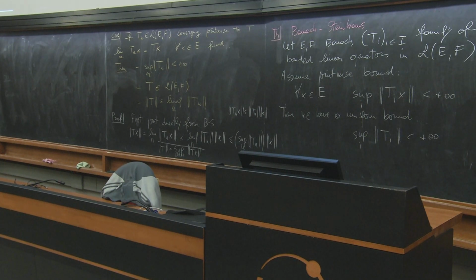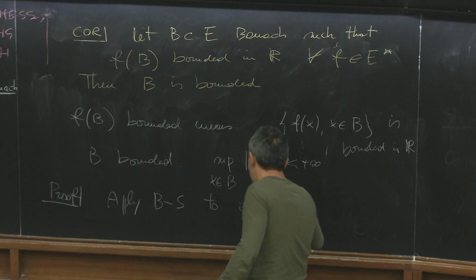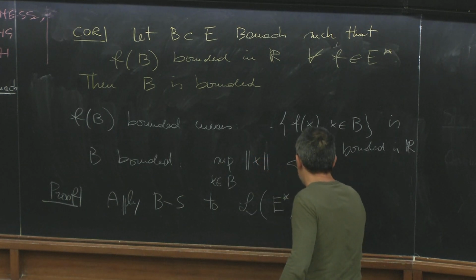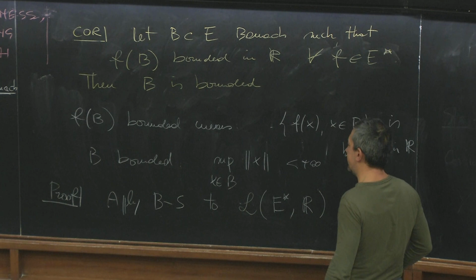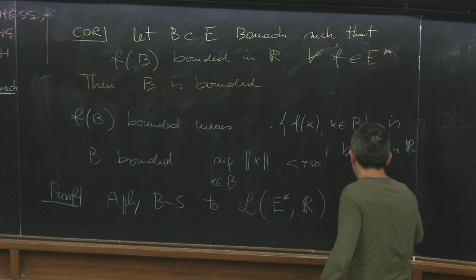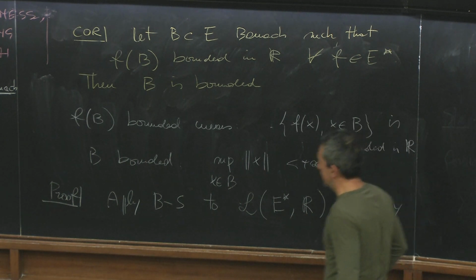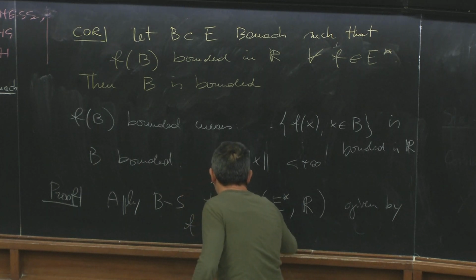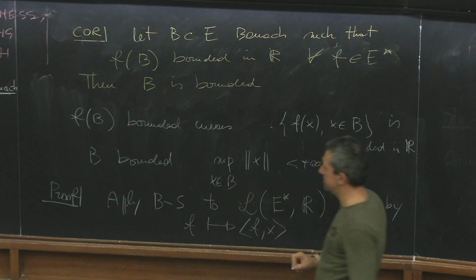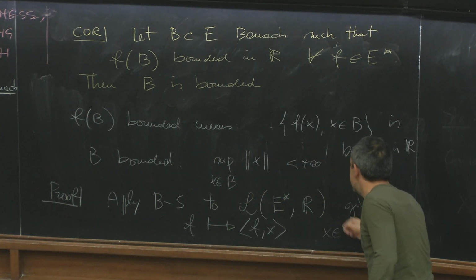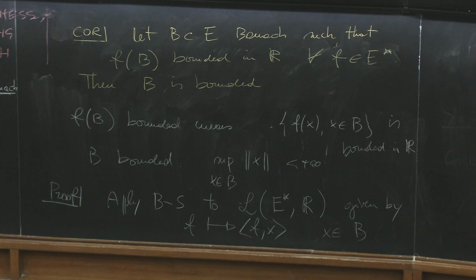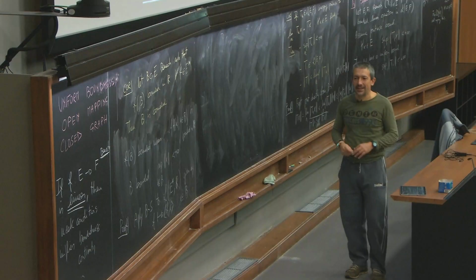So we apply Banach-Steinhaus to the linear operator from E star into R, given by: to F I associate Fx, where x belongs to my set B. This is my family of linear operators.